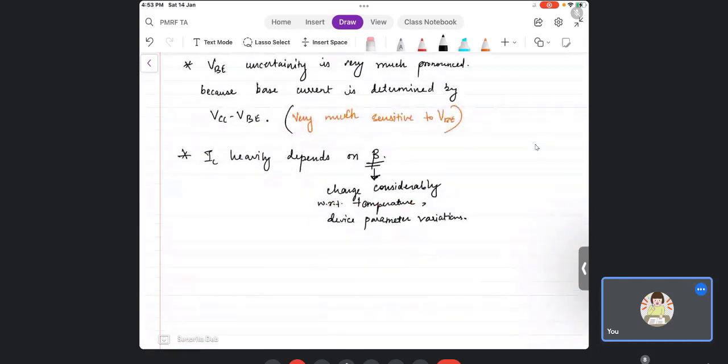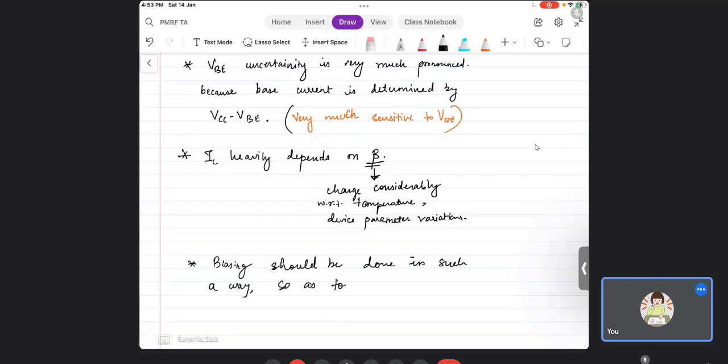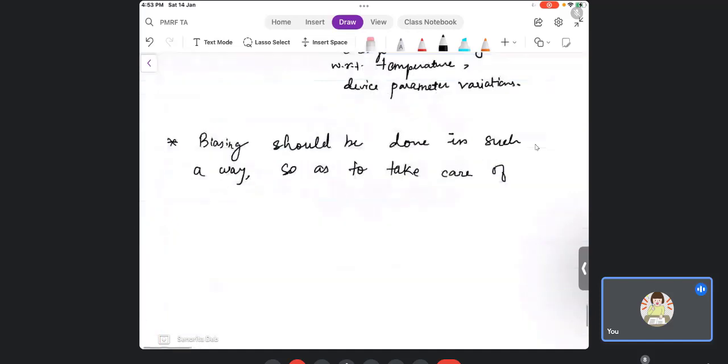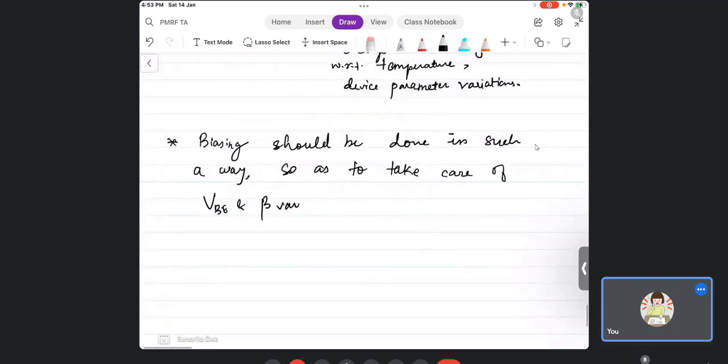So biasing should be done in such a way so as to take care of VBE and beta variations. Basically, beta variations that lead to IC variations.